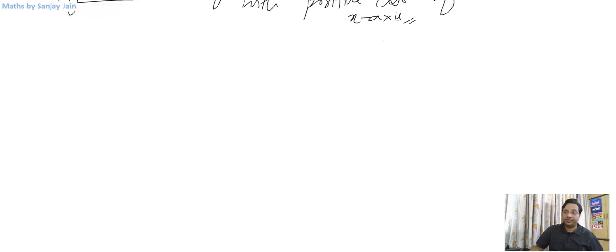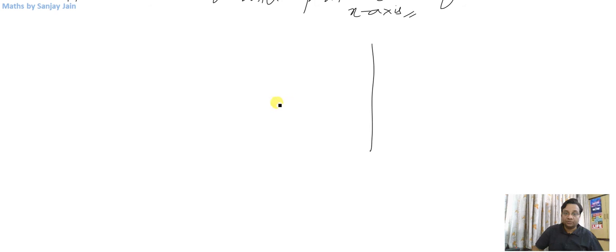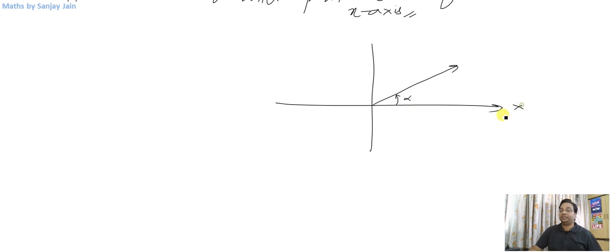Now if you notice, we have talked about this in trigonometry also. If I have got a certain ray and it makes an angle, let us say alpha, with positive direction of x-axis, then we can rotate this ray completely through one revolution and come back to it. So whether I say that this angle is alpha, or 2 pi plus alpha, this is one and the same thing, because we will reach the same ray here, right?